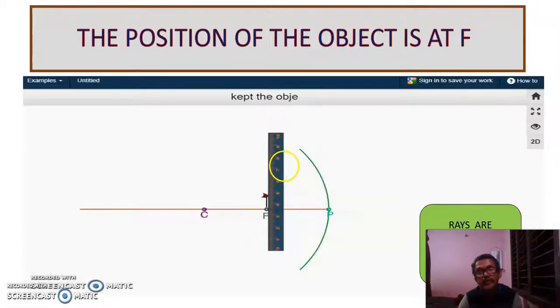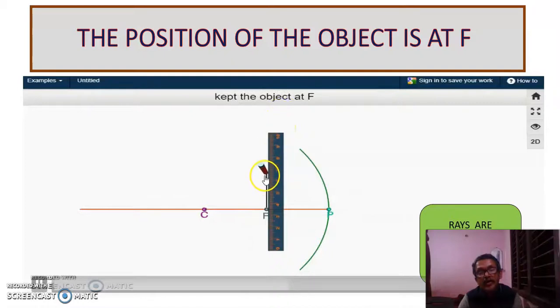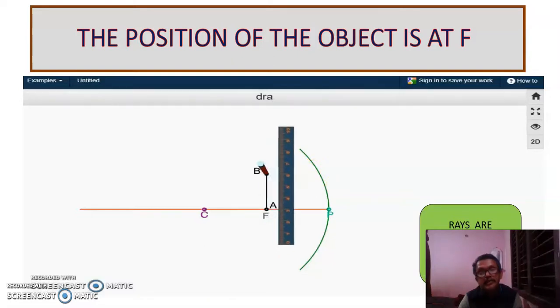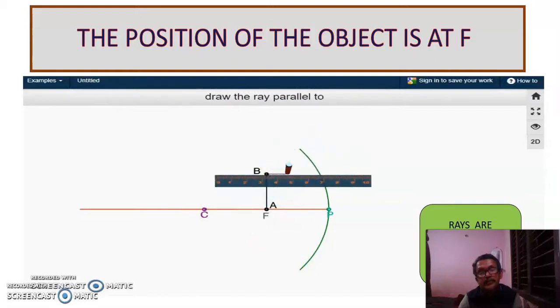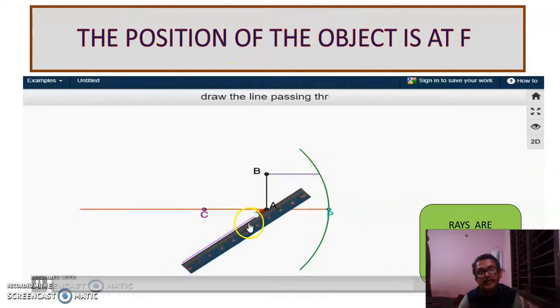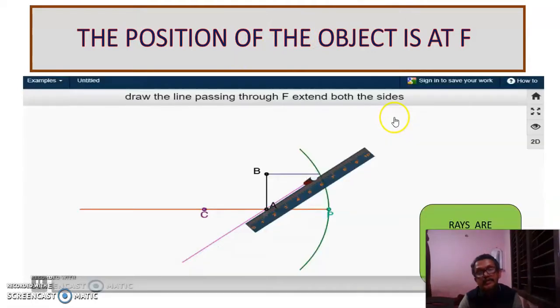So now the object is kept at F. AB is the object. Now draw from the point B a ray parallel to the principal axis, and that reflects through F like this, and extend behind like this.